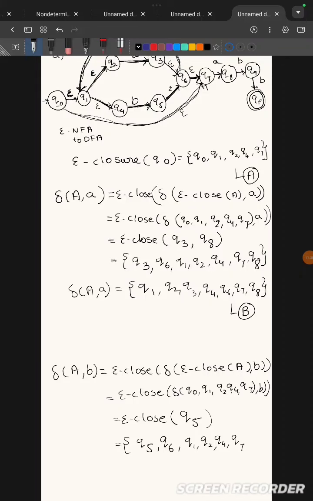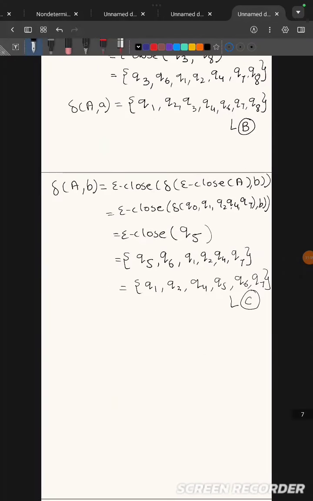After this there is no more epsilon transition, so we will write in the order Q1, Q2, Q4, Q5, Q6, Q7. Now this set of states we will name as C. Like how we have found the transition for state A, we will find the transition for state B also now.